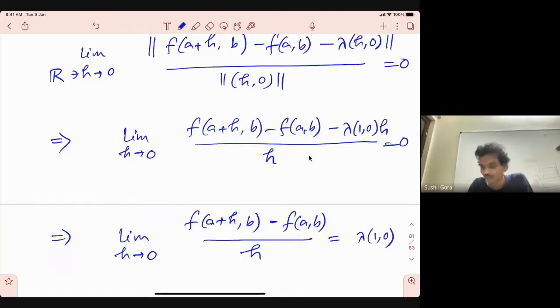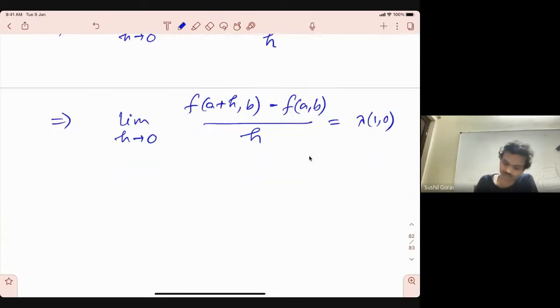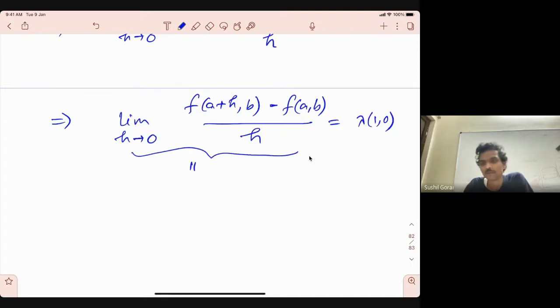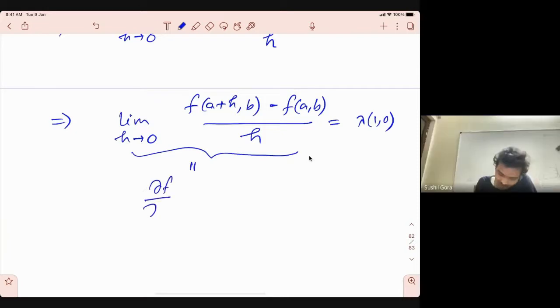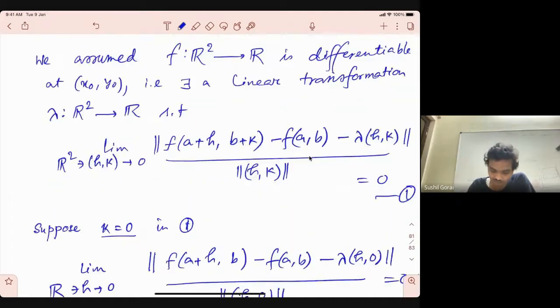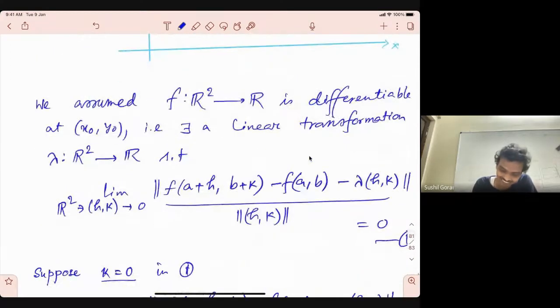Lambda was a linear transformation, and this (1, 0) is the standard basis vector of R2, right? And what is the whole thing? By definition, this is the partial derivative of f with respect to x at (a, b). Sorry, I must have chosen this x naught, y naught.